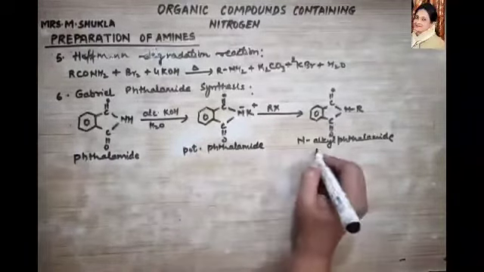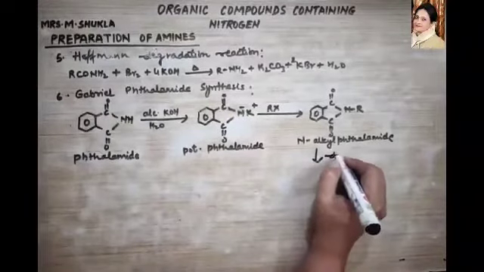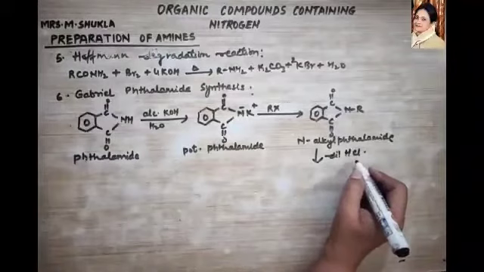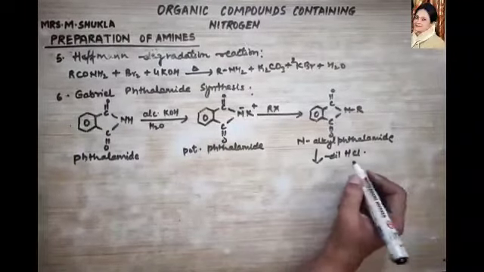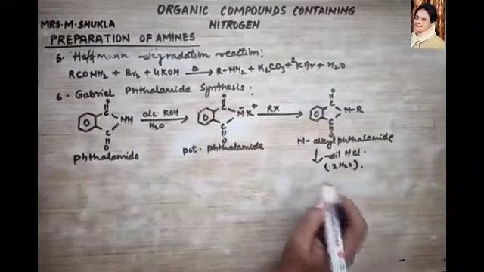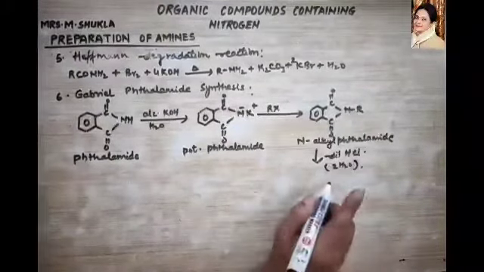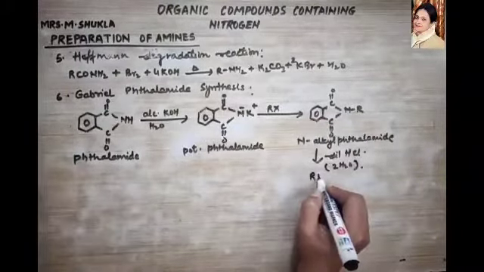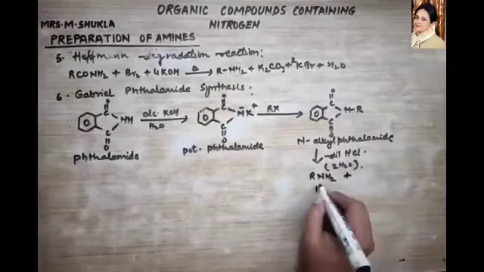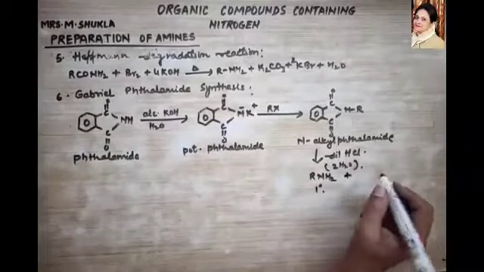Clear? When this is further treated with dilute HCl, right, under pressure, and more of water is added to it, that is, say 2 molecules of water, it is going to give us primary amine, plus it is also going to give us phthalic acid.